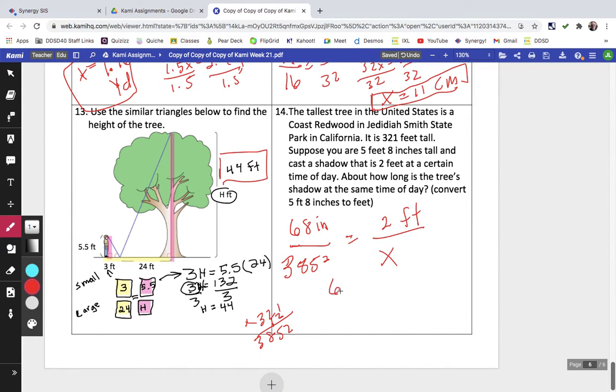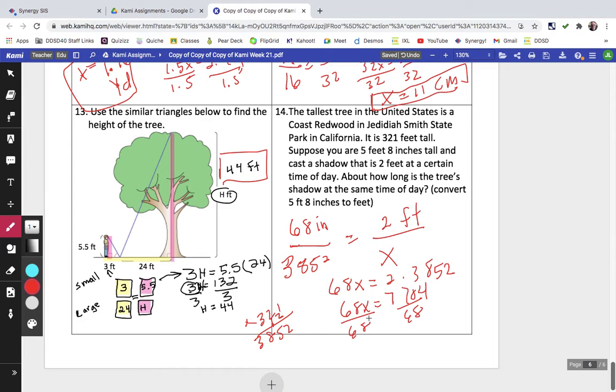So 68x equals 2 times 3,852. 68x equals 7,704. We're going to divide by 68. And it's around 113.